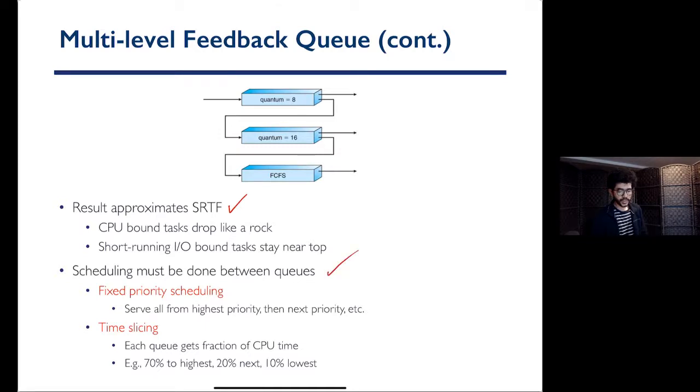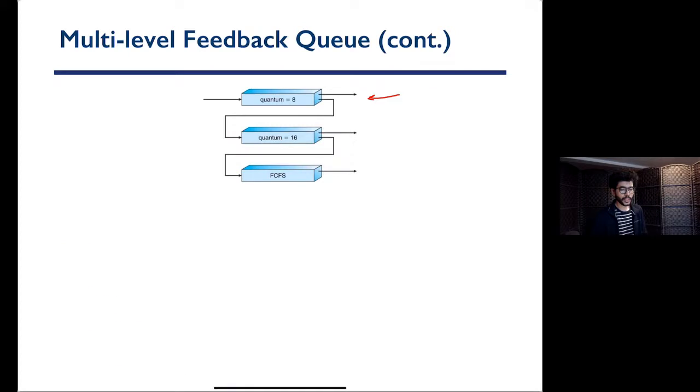So to schedule between queues, you can just do fixed priority scheduling, meaning that as long as you have tasks in the first one, you just run it before moving to the second one, before moving to the third one, or you could do time sharing, as I said. So you can just divide your time between these queues.